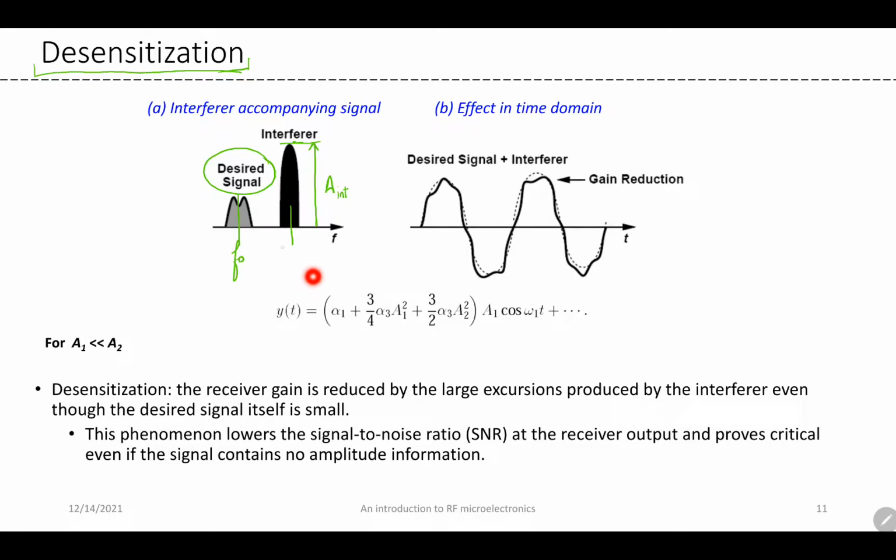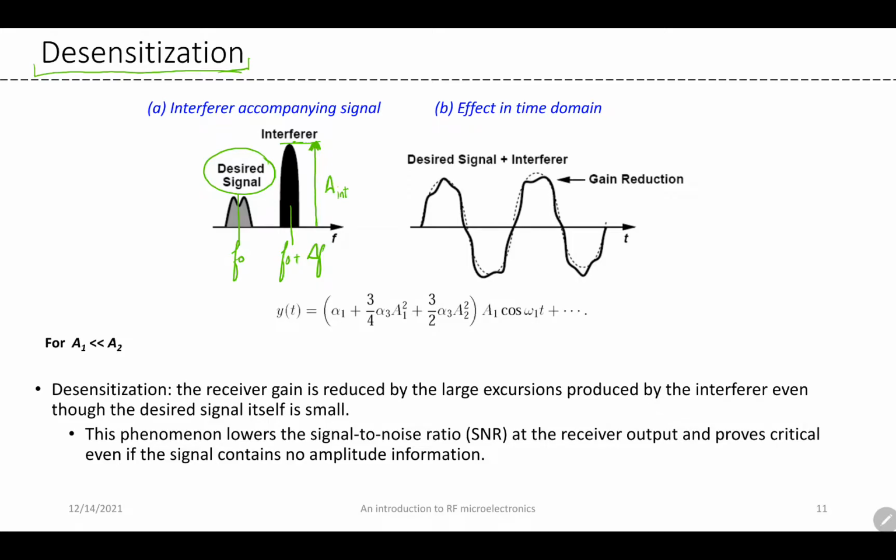So if this is f naught, this might be f naught plus some delta f, at a different frequency, but the amplitude of the signal is so high that it drives the amplifier, or the receiver, into gain compression, and that creates problems.